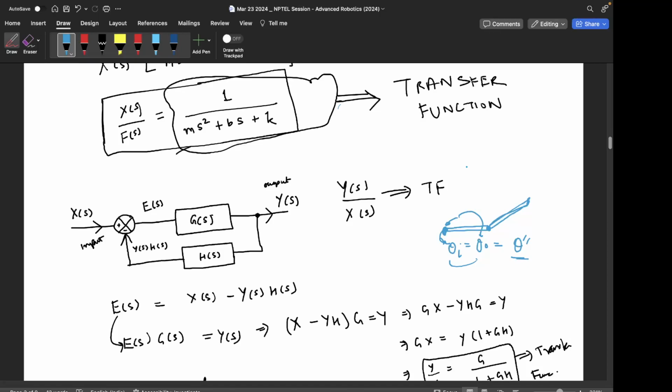In the 2R case, you would choose some convenient position, maybe the position in which both the links are lying flat. Maybe we choose that as the position in which theta 1 and theta 2 are both 0, and then measure angles with respect to this reference, right? But it's entirely up to my choice.